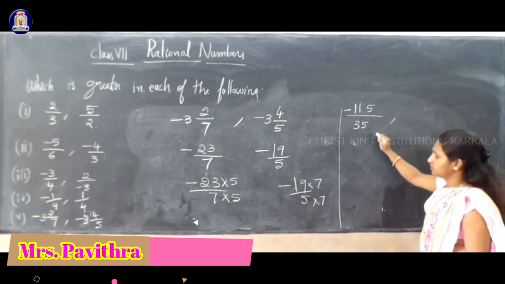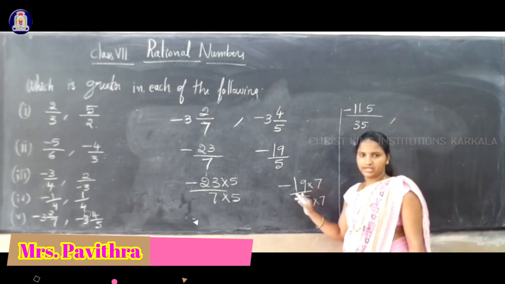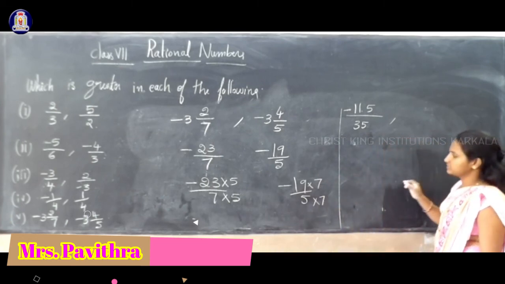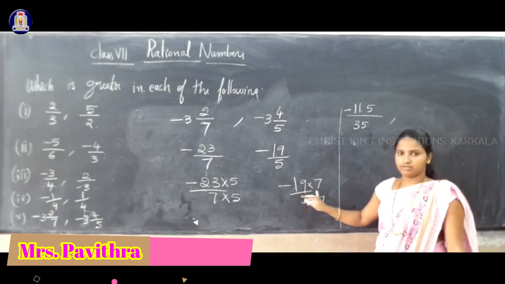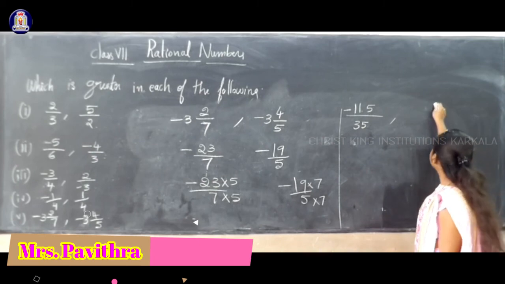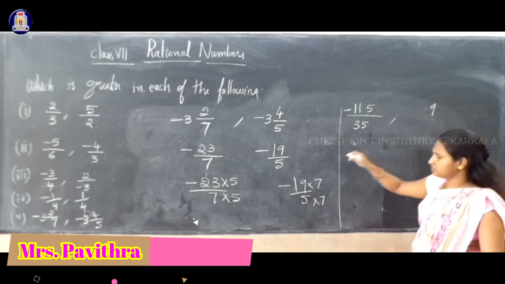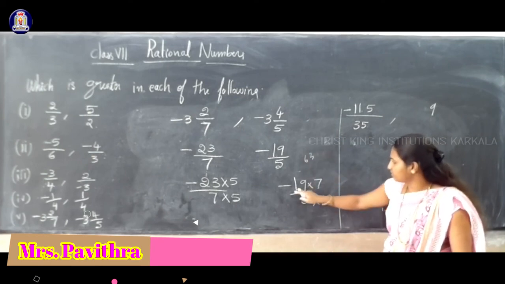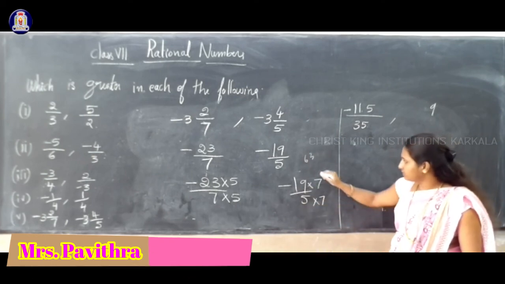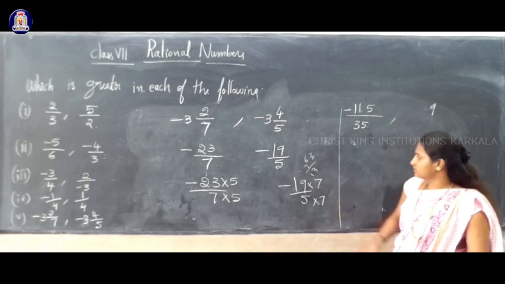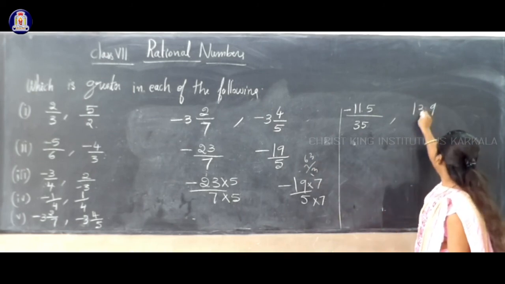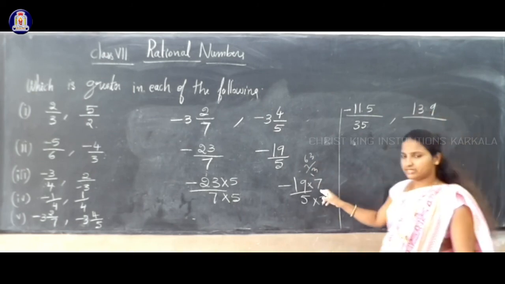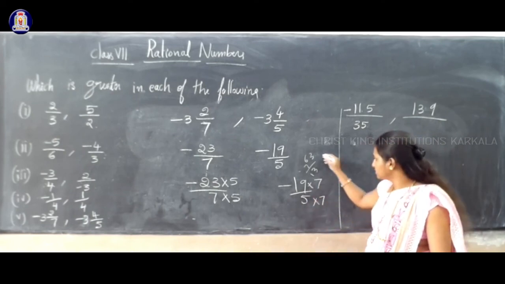And here 19 into 7. What is 19 7s are? 7 9s are 63, sorry. Is it correct? Yes, 7 1s are 7. 7 plus 6, that is 13. So I got the answer 133 by 35. 7 9s are 63, 63 means 6 remaining, right?